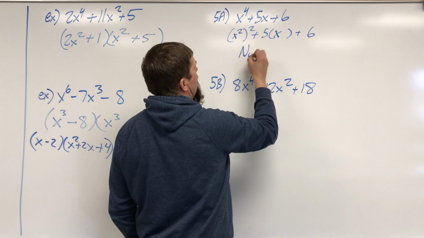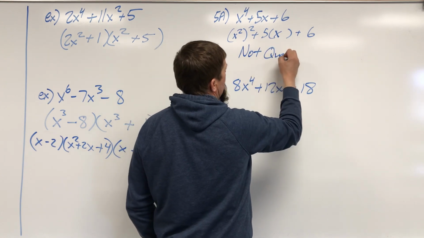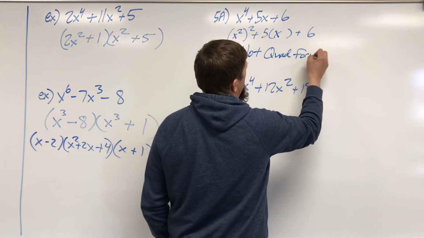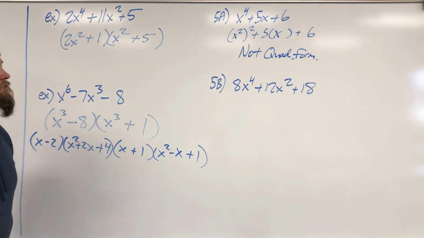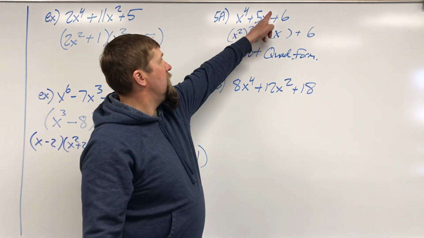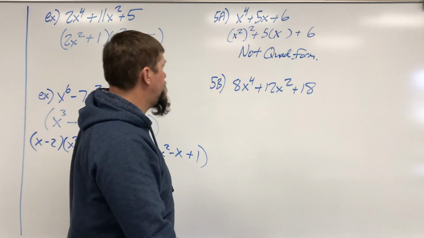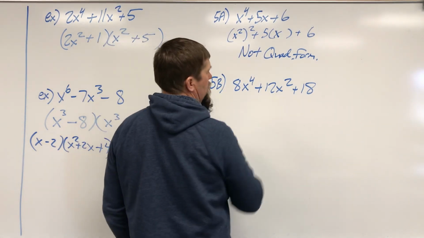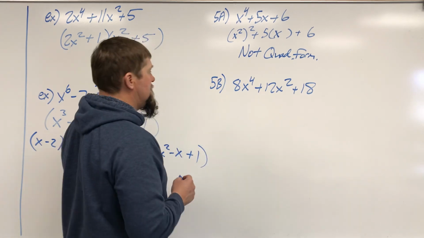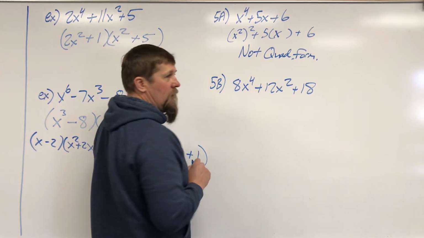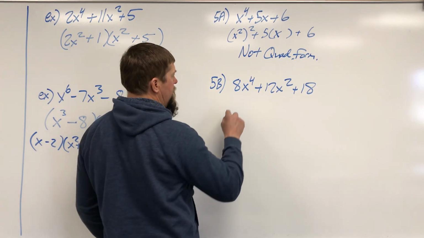So this is not quadratic form, because you do not have an exponent half of the first exponent. This one appears to be quadratic form. Whether we can factor it or not remains to be seen, but let's go ahead and try to write it in quadratic form.